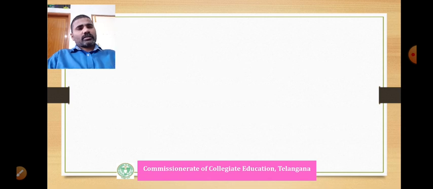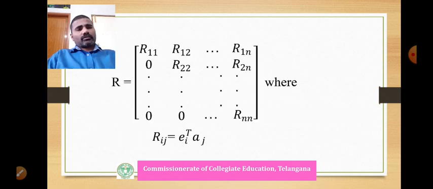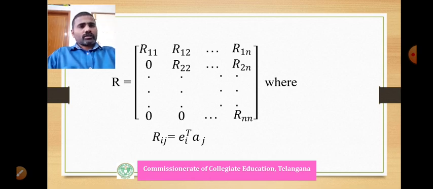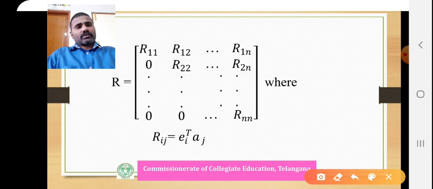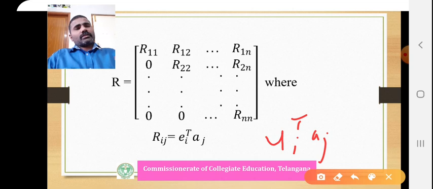Now what is the process for finding R? R is an upper triangular matrix. The entries are R11, R12, R1n, 0, R22, R2n and so on, Rnn. Each Rij is given by Ei transpose into Aj. Here Ei means Ui, think of it as the orthonormal vector. So the entry in the matrix R is given by Ei transpose into Aj.